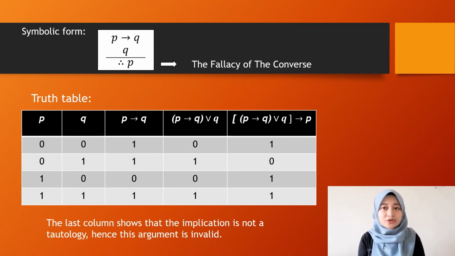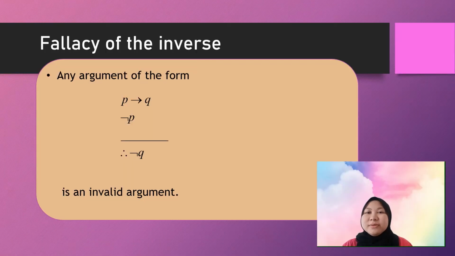The last column shows that it is not a tautology, which means it is a contingency. Hence, this argument is invalid. So if we see any argument in the form of P implies Q and not P with the conclusion not Q, this is called the fallacy of the inverse. Any argument in this form is an invalid argument.